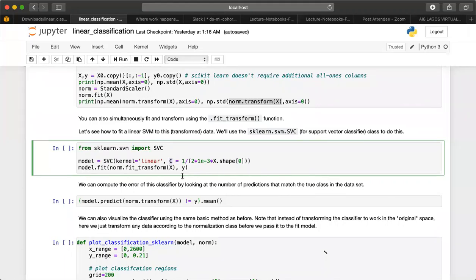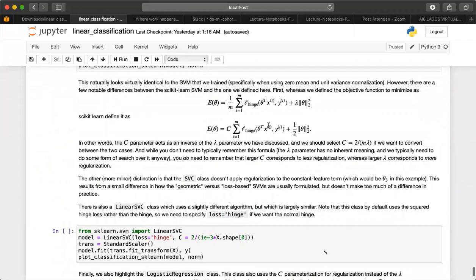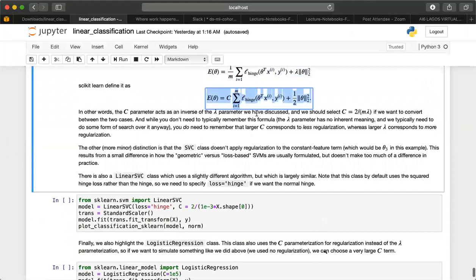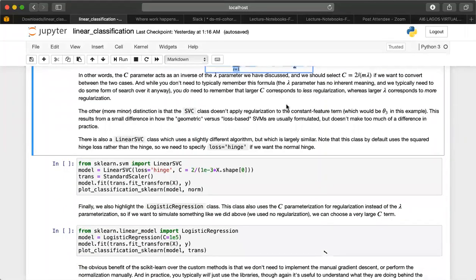What you would instead have is the inverse of what you have here, and that is what you would have as your C. So this is what you would write in your own equation, and this is what scikit-learn will use, right? I'm not sure you're going to have any difference between these two. Even if there's a difference, it's very subtle.